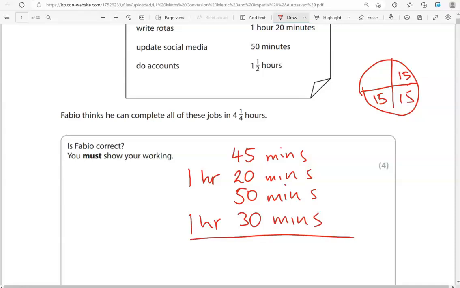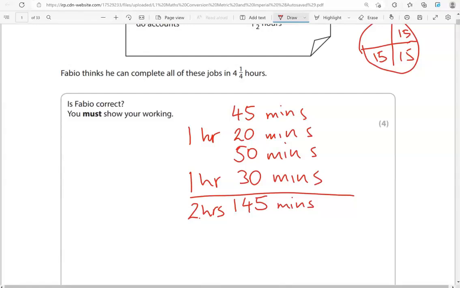So we have 5 and 0 and 0 and 0, that is 5. 4 and 2, that is 6. 6 and 5 is 11. 11 and 3 is 14. So we've got, so far, 2 hours and 145 minutes.